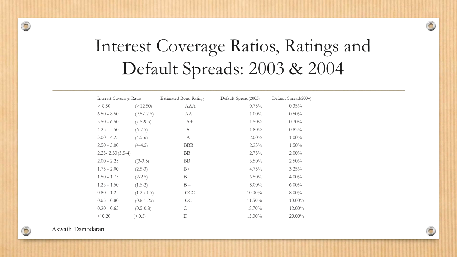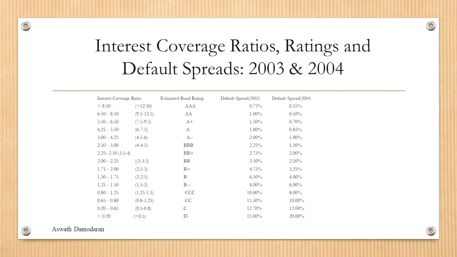In the textbook you see old numbers, year 2003, year 2004, but on his website you will find the most recent numbers such as year 2019 or year 2020 regarding this default spread based on different credit ratings of corporate bonds. So that is the second method to estimate cost of debt.